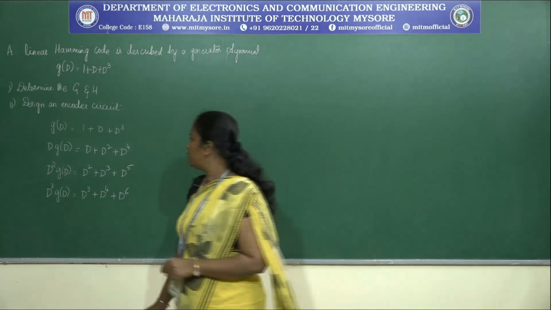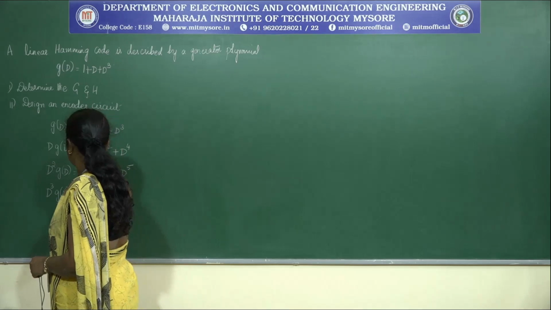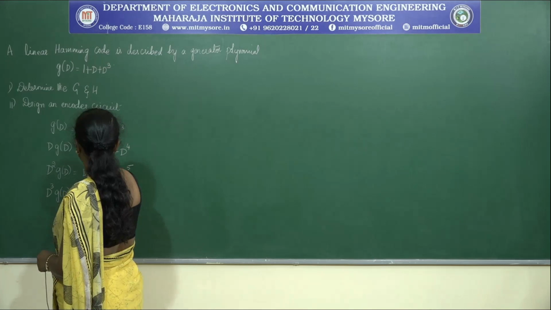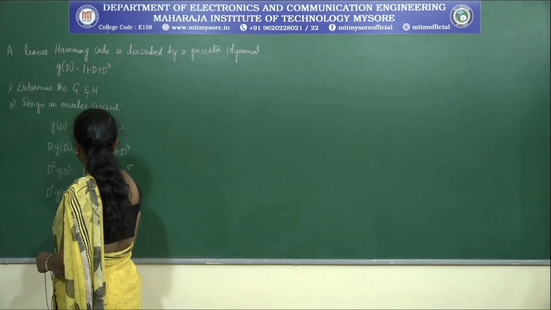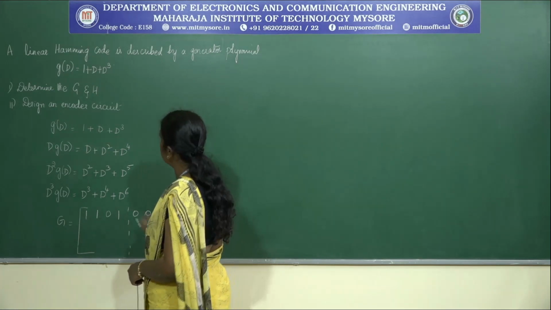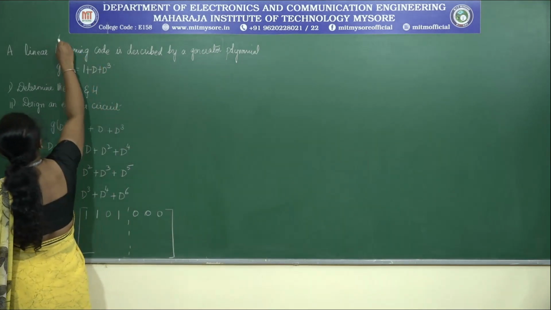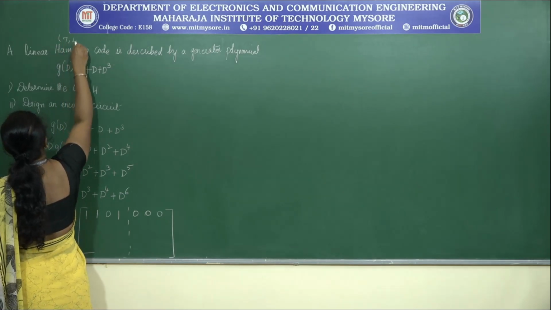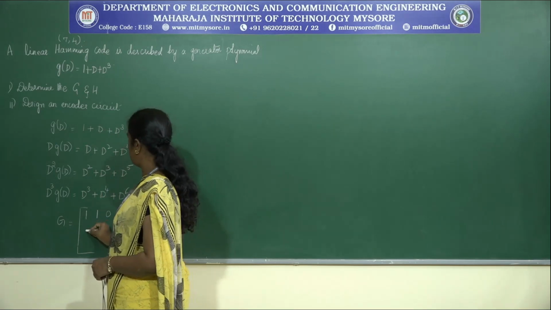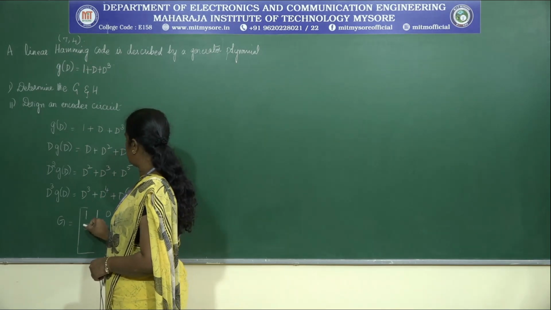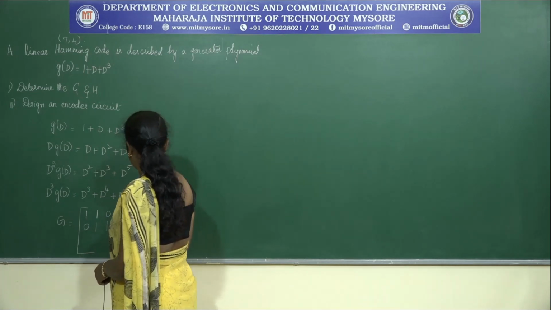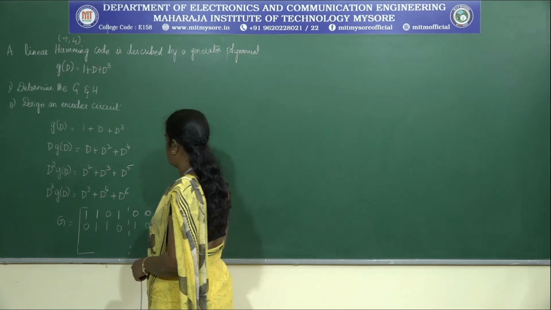Okay. So now G is equal to, so it is 1, so rest will be 0, 0, 0. So this is for 7, 4. So next if we consider this one, so 1 is 0, so 1, 1, D3, D4, D5, D6.